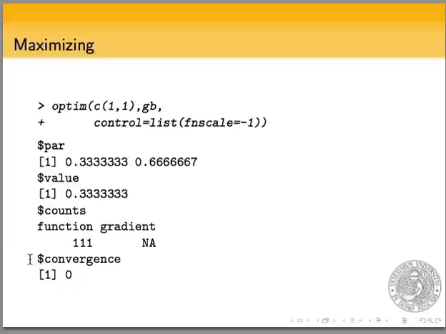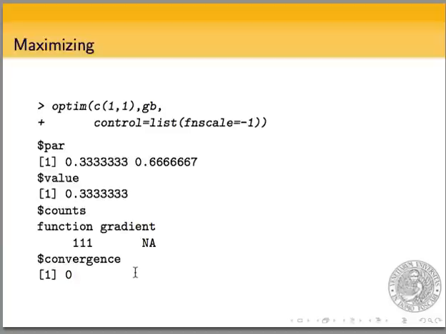More importantly, maybe here you have something related to the convergence of the maximizing algorithm. And indeed, 0 is telling you that everything was fine. So 0 is a code to tell you that the maximization algorithm was successful according to R.